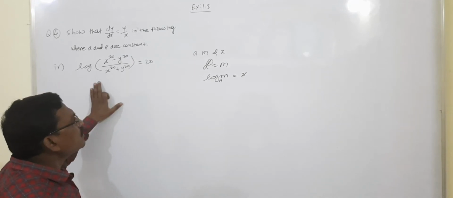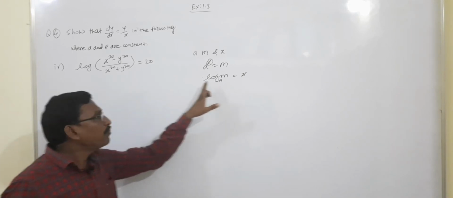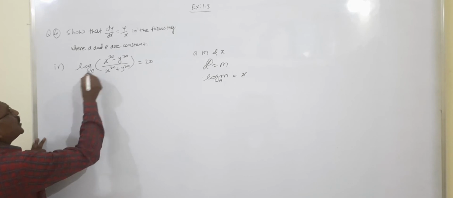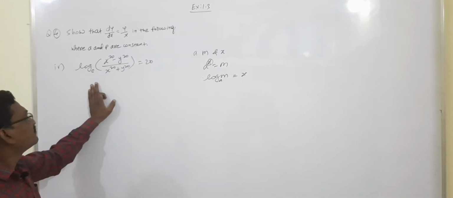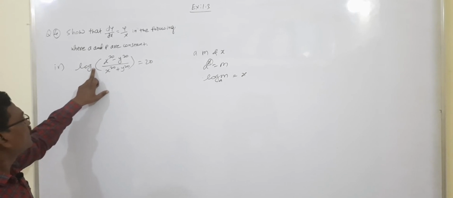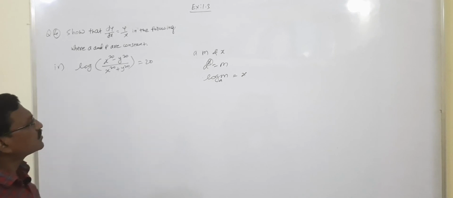So we use it here. We have this form because the hidden e is here, because it is a natural logarithm. That's why we only have e here.